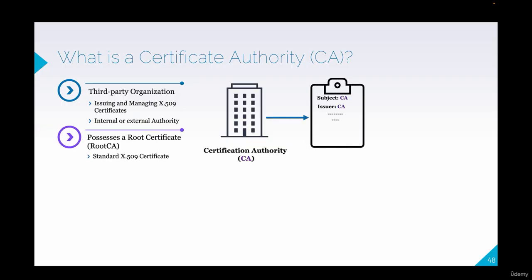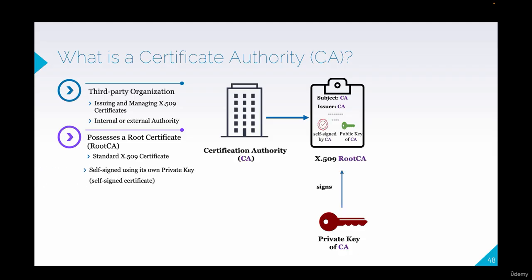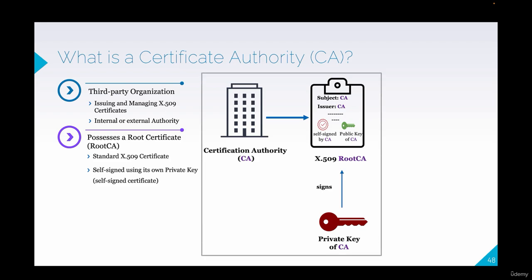The certificate authority operates by creating an X509 certificate for itself, with a key pair consisting of a private key and a public key. The private key is kept secure by the certificate authority, while the public key is included in the certificate. This initial certificate is self-signed and acts as the starting point in the trust hierarchy. It's known as the root certificate authority, root CA.